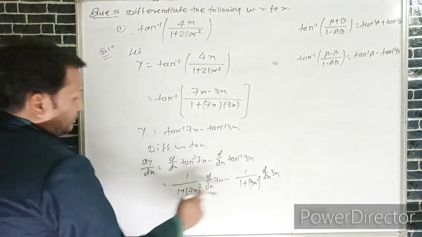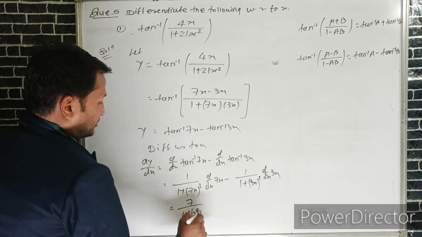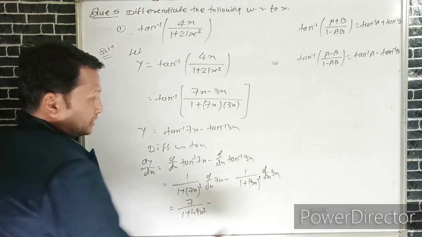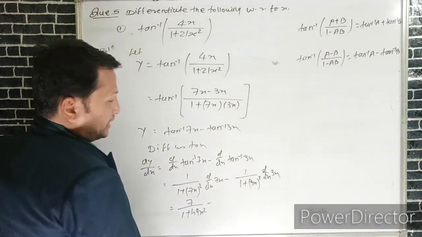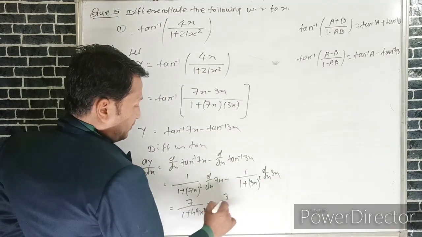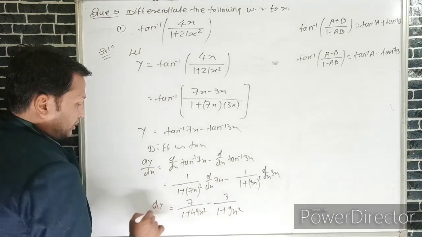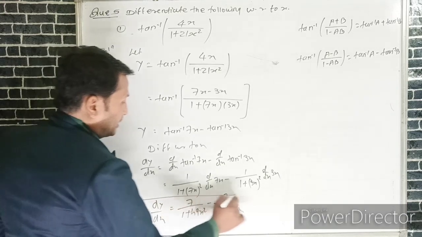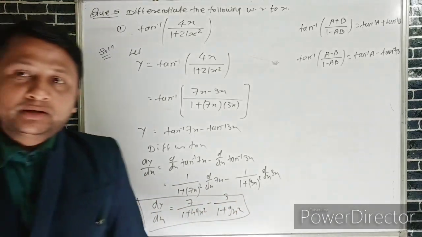The derivative of 7x is 7, so 7 upon 1 plus 49x square, minus the derivative of 3x, which is 3, so 3 into 1 is 3 upon 1 plus 9x square. This is dy upon dx, which is the required derivative of the given function.